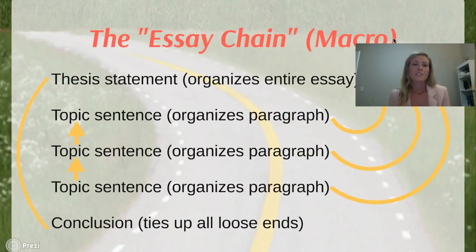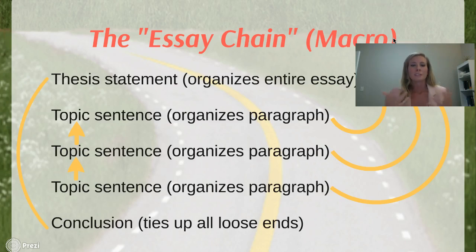So the essay chain. I'm a visual thinker, and when I think about some sort of a model for what a strong essay looks like, I often think of a chain. Chains being interconnected, strong because they're linked.